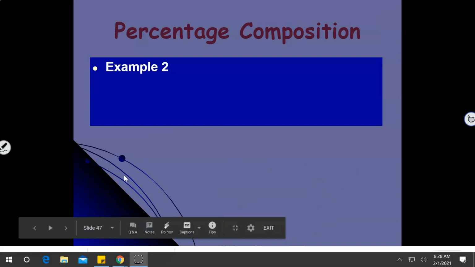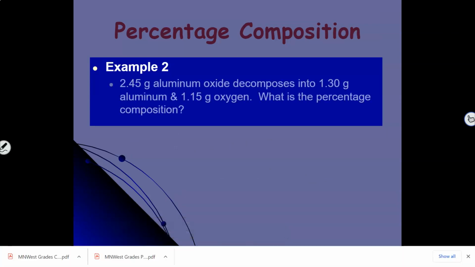My second example for percent composition could be like this. If I had 2.45 grams of aluminum oxide, it decomposes into 1.3 grams of aluminum and 1.15 grams of oxygen. We want to know the percent composition of each one of these. It would be the same thing.